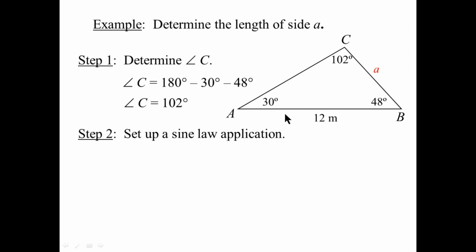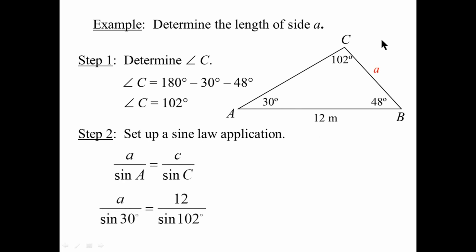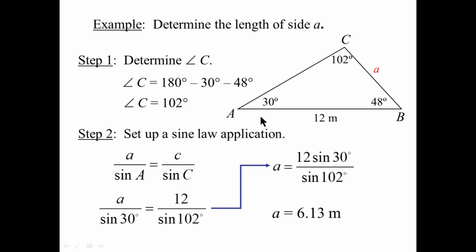So a over sine A, and in this case, because we know about C, we could say a over sine A equals c over sine C, and plug in the numbers. a over sine 30 equals 12 over sine 102. Notice the going across the triangle action. Multiplying by the sine 30 and turning it into a decimal on a calculator. Do it yourself, confirm it for yourself.